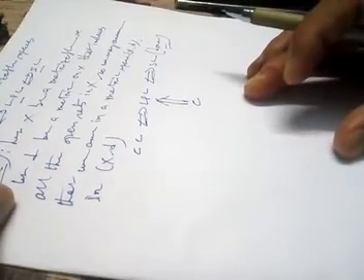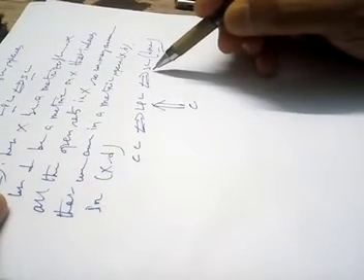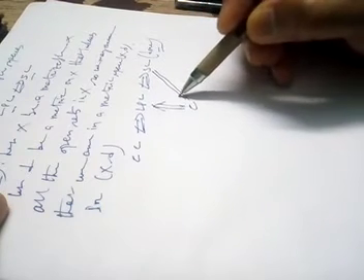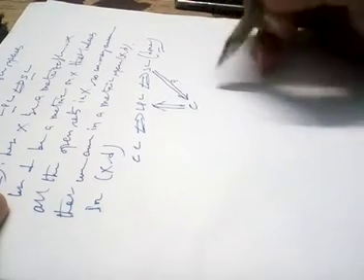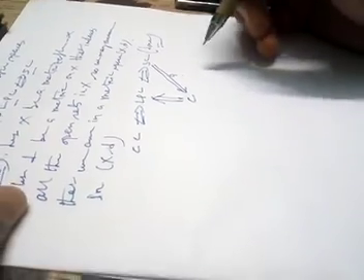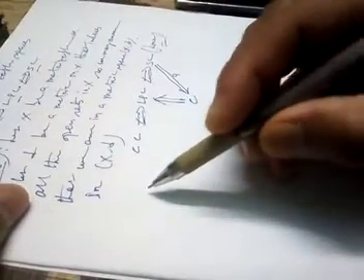Now if we prove that sequential compactness also implies compactness, then we will get this diagram.